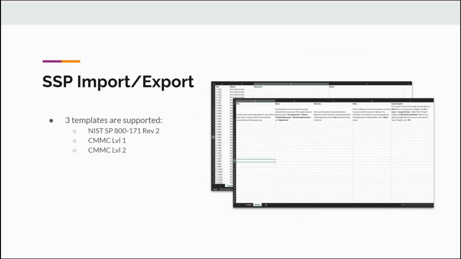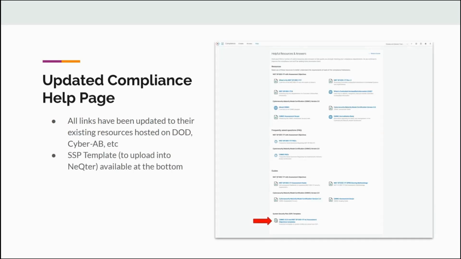So NIST Rev 2 and CMMC Level 1, Level 2. Those are the different templates that we have. So at the bottom, you can access and download right there a blank one. Of course, if you already have an SSP and you want to download it or export it, that's an export option in the tool. So once you download that, move your data over.